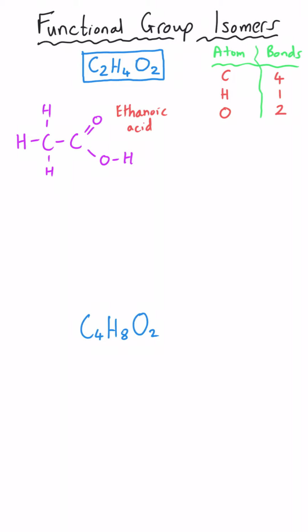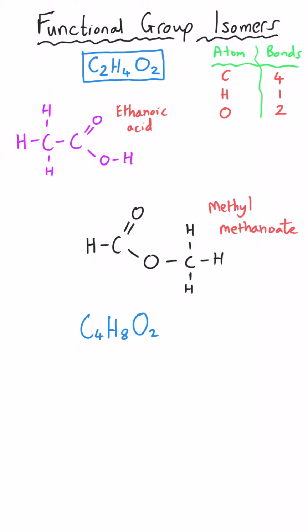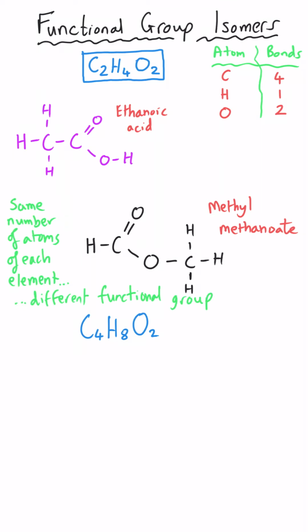One of them is a carboxylic acid, ethanoic acid, as shown here, and the other one is an ester. We've just rearranged those atoms, we've got the same number of each of those atoms, and yet we've got a different functional group. The one on the left is a carboxylic acid. The one on the right is an ester, which incidentally would be called methyl methanoate.